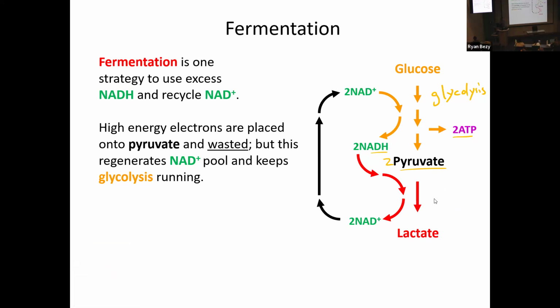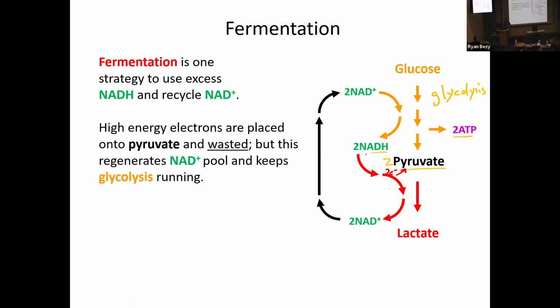The process of fermentation is it takes high energy electrons from NADH and puts them onto pyruvate. So you take the two electrons from NADH, and they go onto pyruvate. This converts pyruvate into some type of fermentation product like lactate.